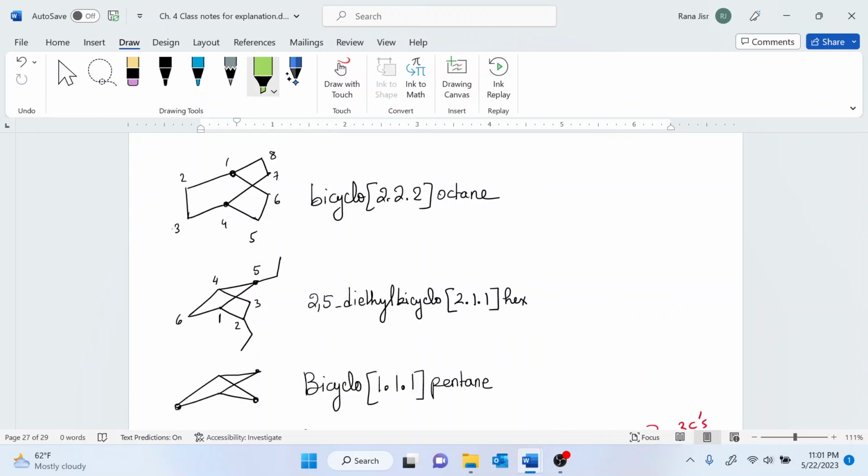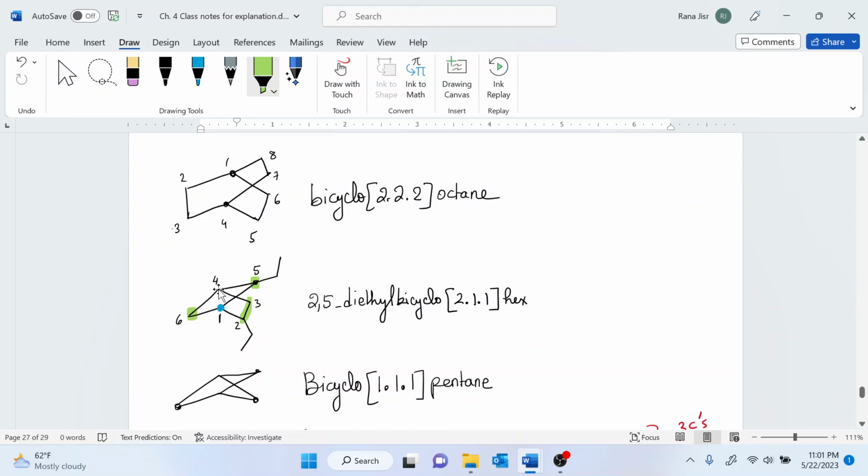This is another example of a bridged bicyclic system. So you start on this side, I have 2 carbons. On this side here, I have 1 carbon, and here I have 1 carbon. So definitely I'm going to start by numbering towards my 2 carbon side in there. And I'm going to give this ethyl group my lowest number.